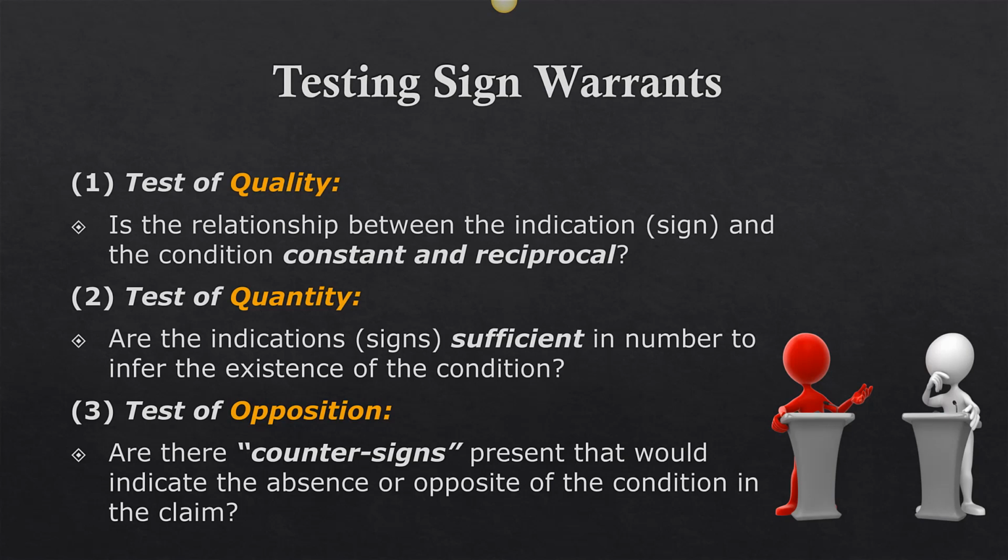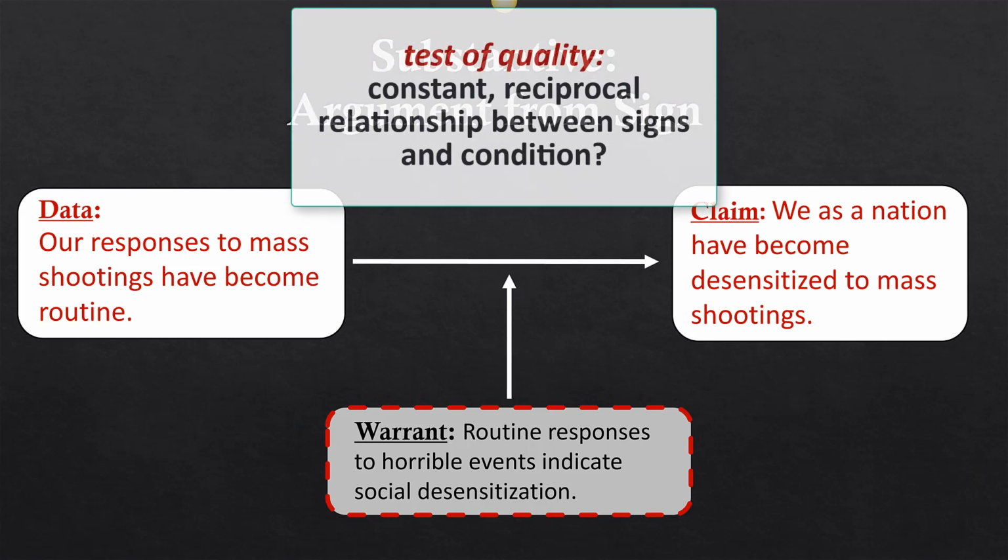Let's take these tests and apply them to President Obama's argument. The test of quality is going to ask if we have a constant and reciprocal relationship between the clues or the symptoms in the data and the unobserved condition in the claim. Well, let's see. Responses to a violent event are routine.